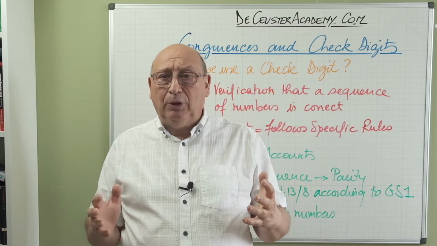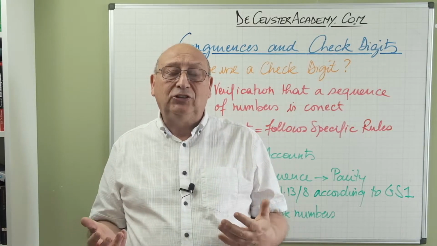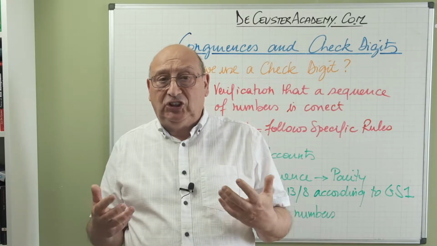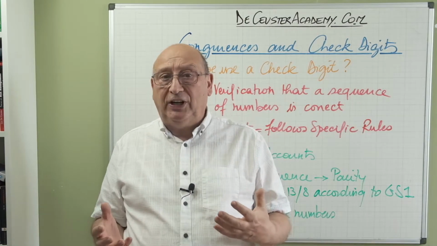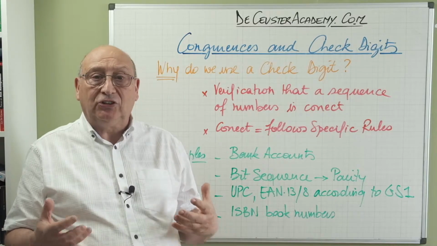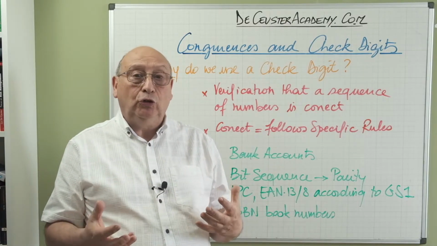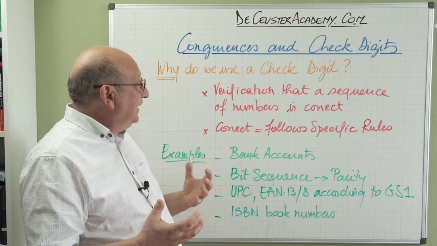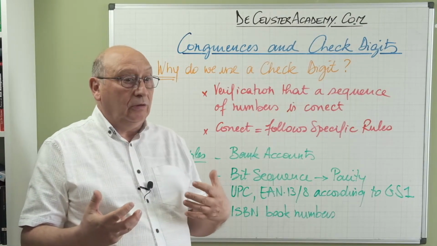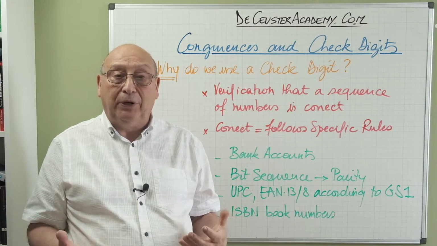In this video I will talk about a special application of congruences, which is in fact the check bit. We want to verify if certain series of numbers, sequences of numbers, are correct. And in order to do that, we have what we call a check digit that is added at the end of the number.